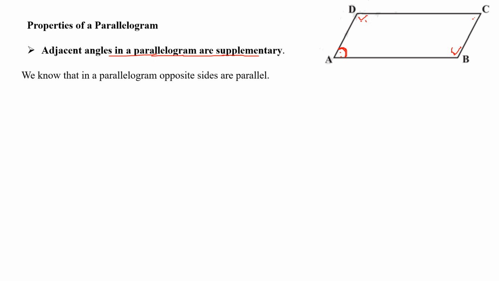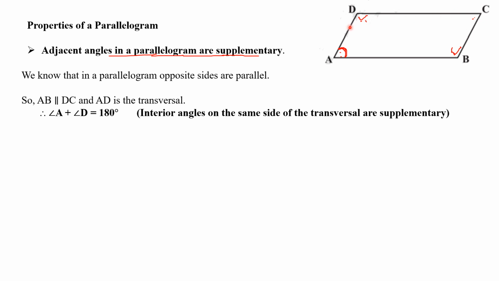Now we will see why the adjacent angles will be supplementary. So we already know that in a parallelogram, the opposite sides are parallel, right? So I can say AB is parallel to CD. So when I say AB is parallel to CD and if I take AD as my transversal, then what will happen? Angle A and angle D will be the interior angles on the same side of the transversal, right? See what I am doing?